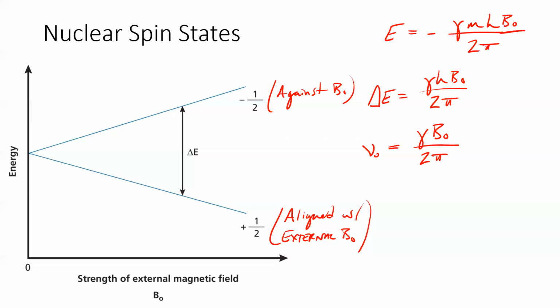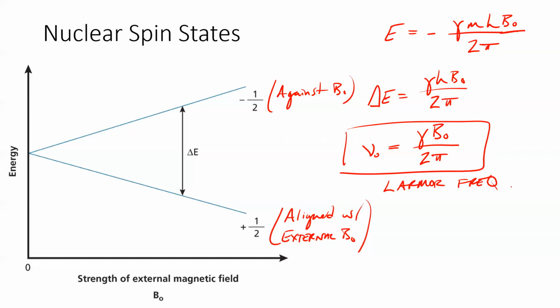The h and then delta E drop out. This here is called the Larmor frequency. So I'm going to carry it over to the next page.